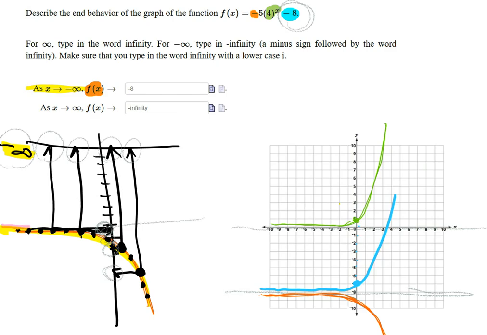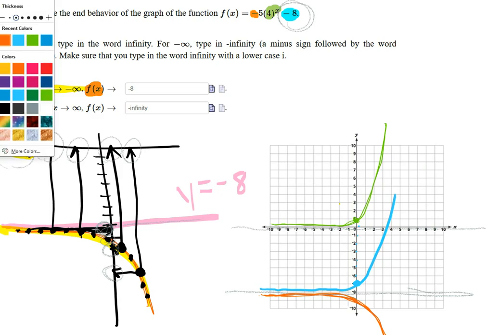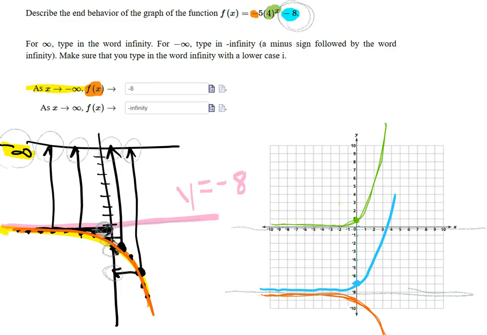My horizontal asymptote was right here, which was at y equals -8. They will never go above that line. This graph here never ever goes above that horizontal line. So my y coordinates are approaching that horizontal line of -8. That's what they're getting closer to.